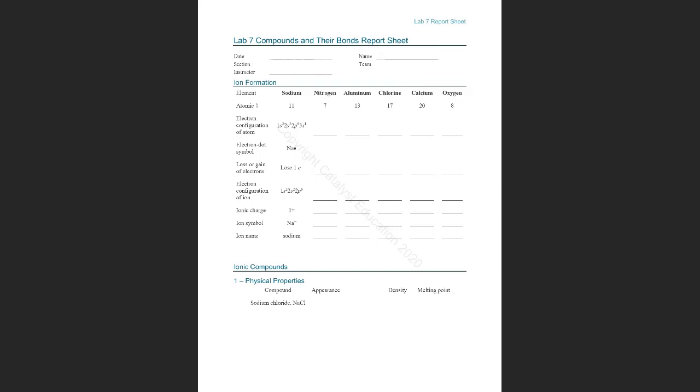So if you look at chlorine, the electron configuration of chlorine, if you look at its atomic number, it's 17. It's also in the third period. Basically, it's going to be 1s2, 2s2, 2p6, and that completes the second row, but chlorine's in the third row.